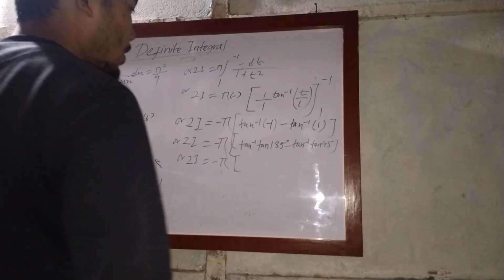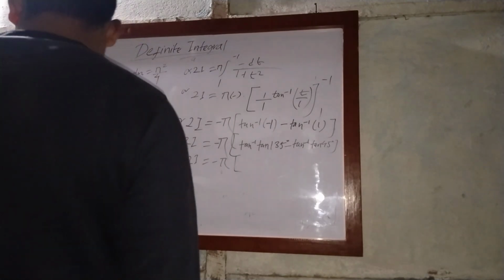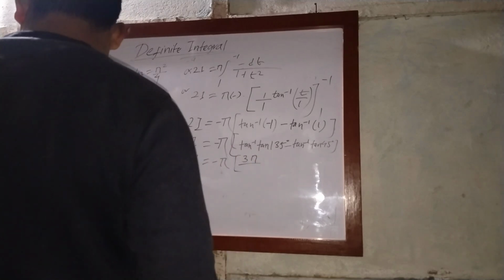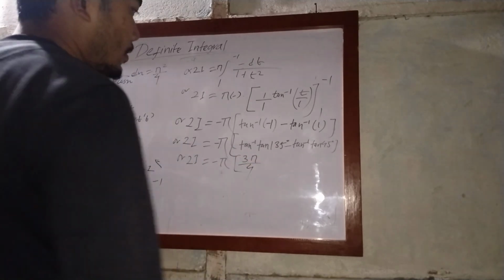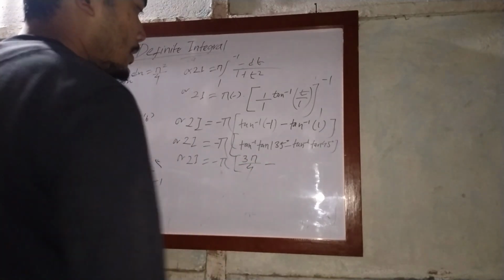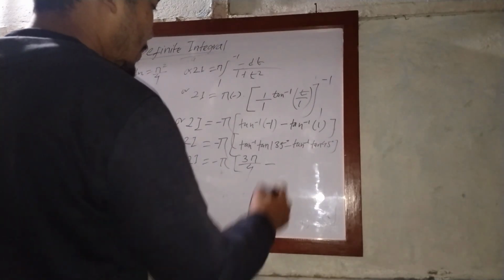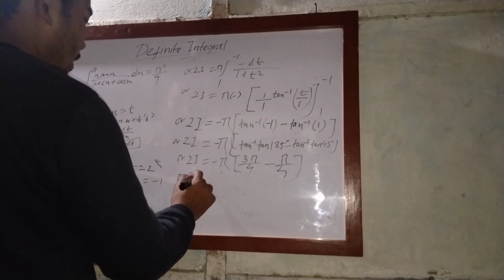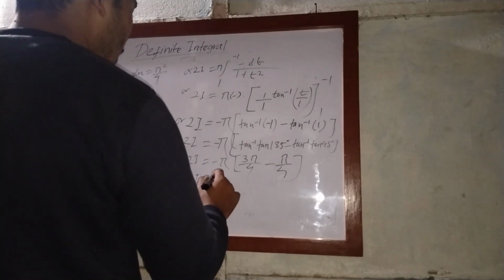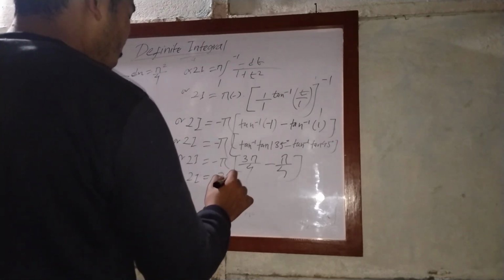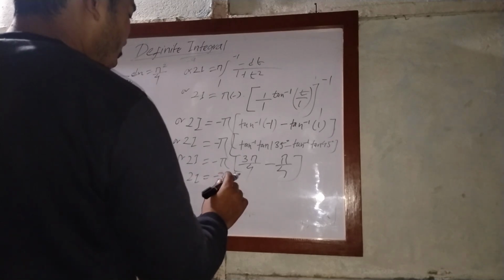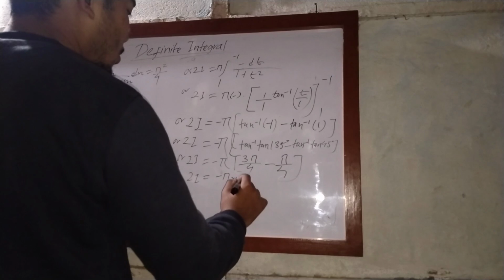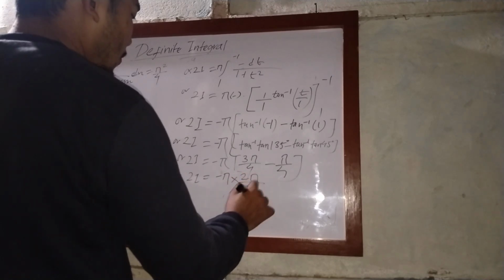Now this 135 degrees is 3 pi by 4, minus this 45 degrees which means pi by 4. So 2I is equal to minus pi times (3 pi by 4 minus pi by 4), that is minus pi times 2 pi by 4.